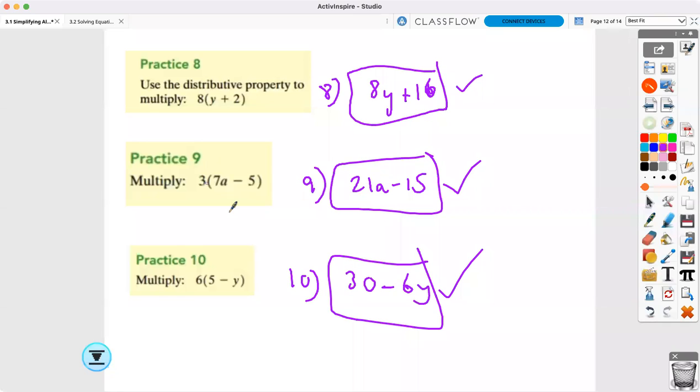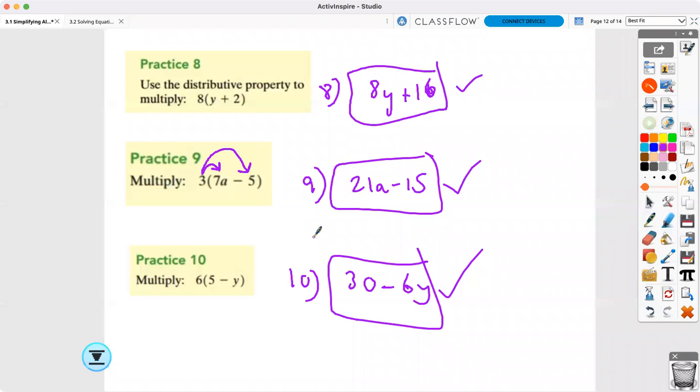Justin, did you draw your arrows of what you're multiplying? Yeah, that's what I forgot. Well, you have to do 3 times the 7a, which gives you the 21a, but we also have to do 3 times 1. Oh, yeah. That makes more sense, because I only did the first step but forgot the second one. And the way you can avoid that is by just drawing your what, sir? Arrows. Exactly.